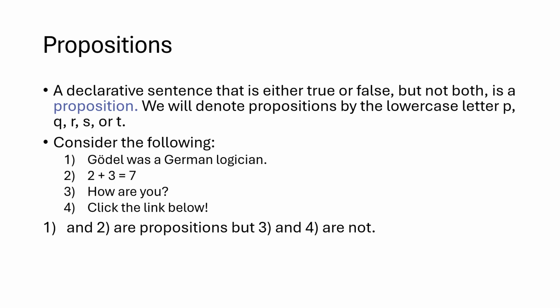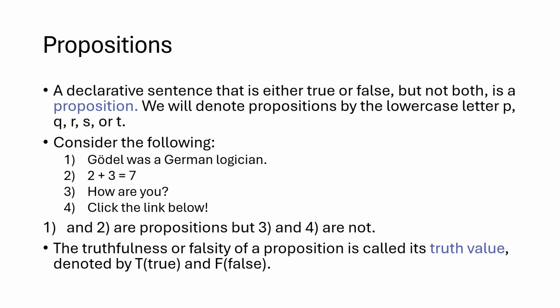However, the third and the fourth sentences are not propositions because you cannot think of them as either true or false. For example, the third sentence is a question, so it doesn't claim to be true or false. Because of that, it's not a proposition.